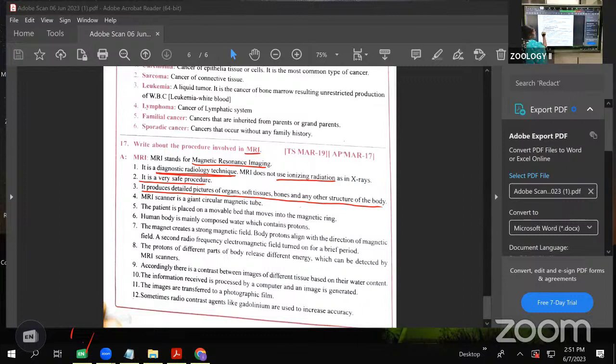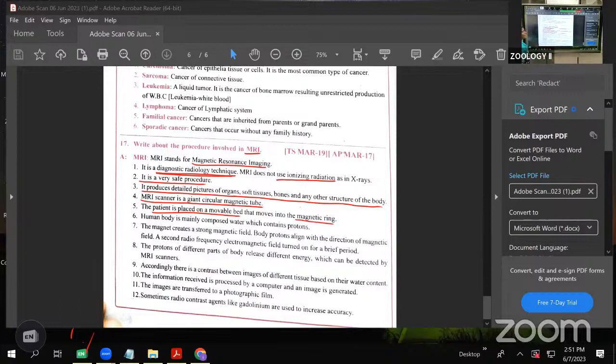The MRI scanner is the main apparatus. It has a huge circular magnetic tube. The patient is placed on a movable bed and inserted through it into the magnetic ring.